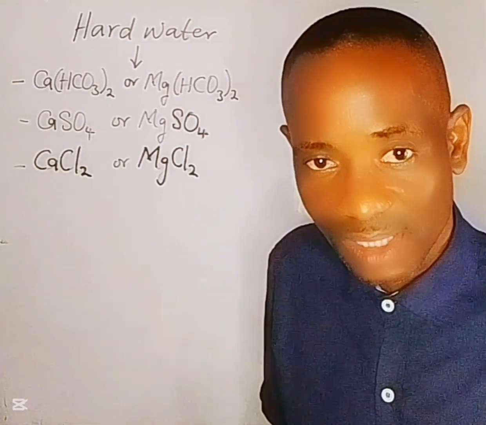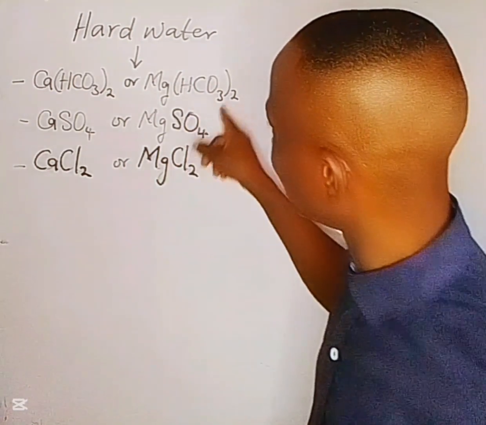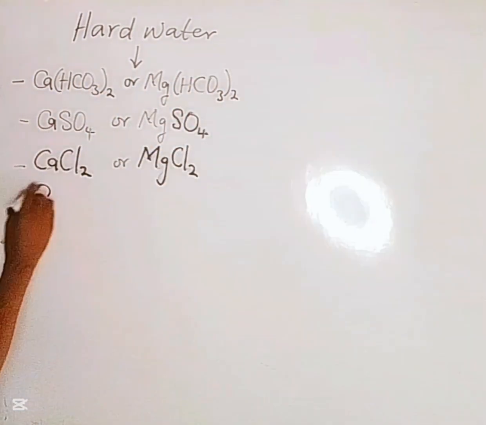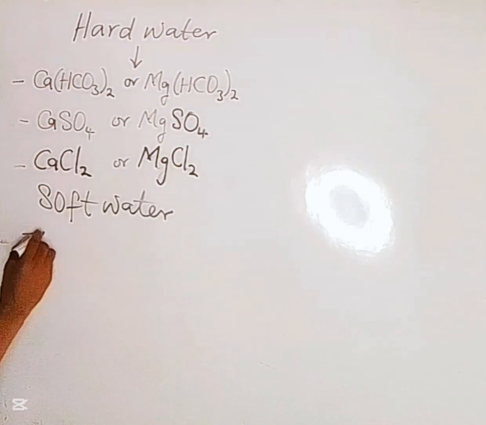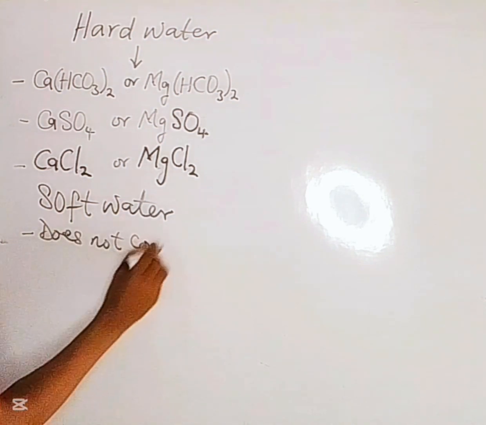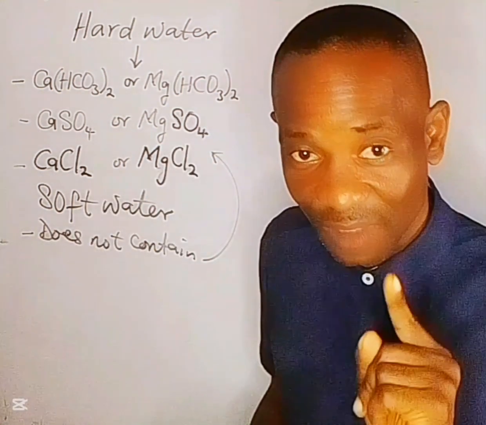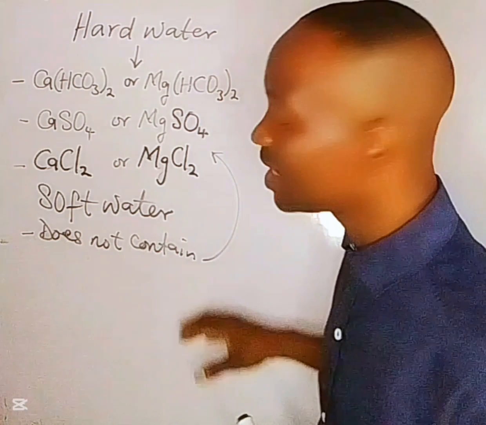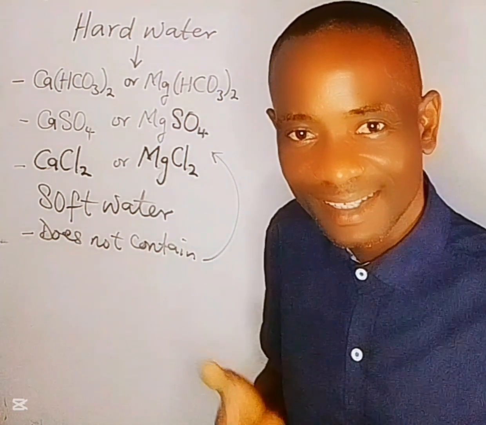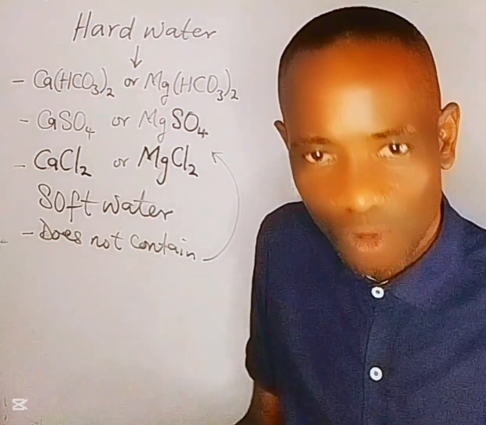And for any water to do so, it must contain any of these salts. Soft water is any water that does not contain any of these. Another definition is that soft water is any water that easily forms lather with soap.